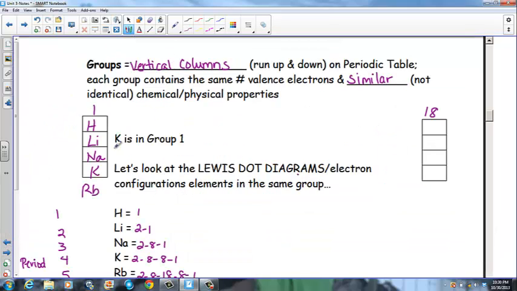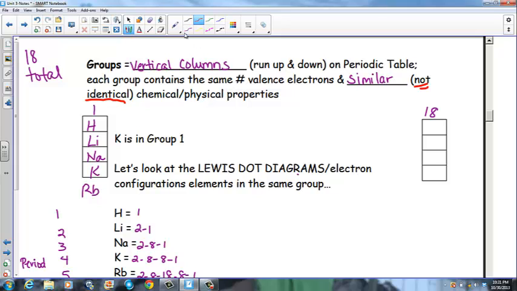Groups. Now these are the vertical columns. There's 18 total groups in the periodic table, and each group contains the same number of valence electrons and similar, not identical, chemical and physical properties. I'm going to underline that, not identical.